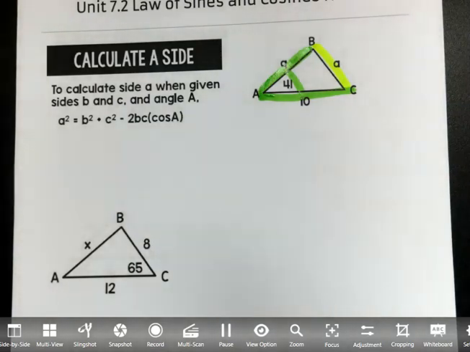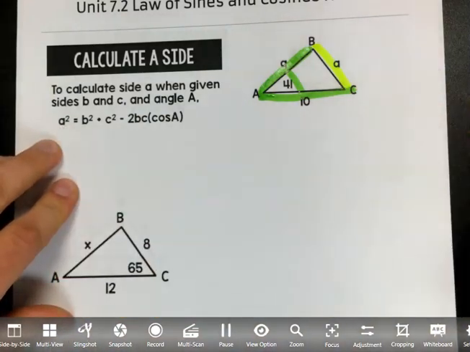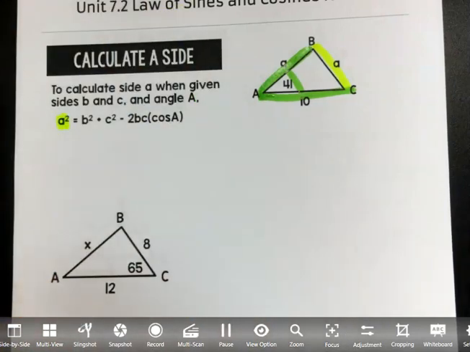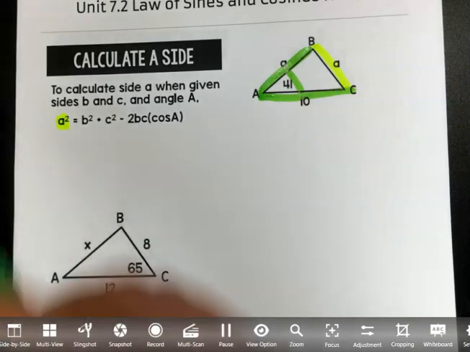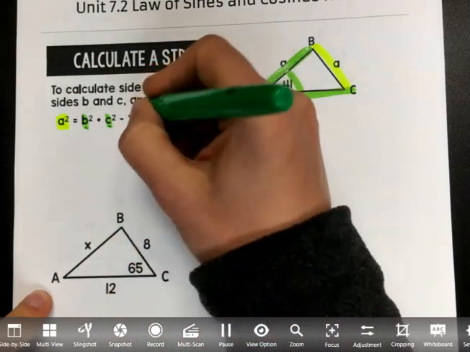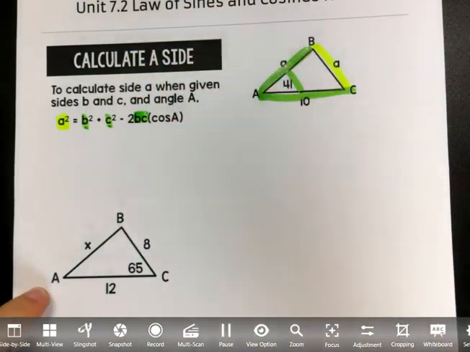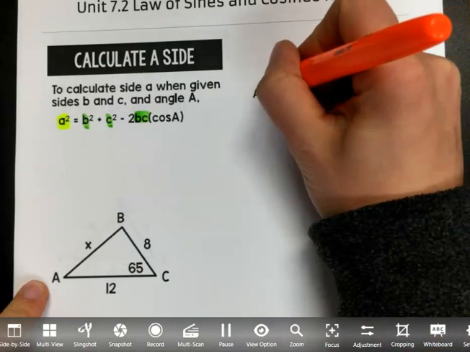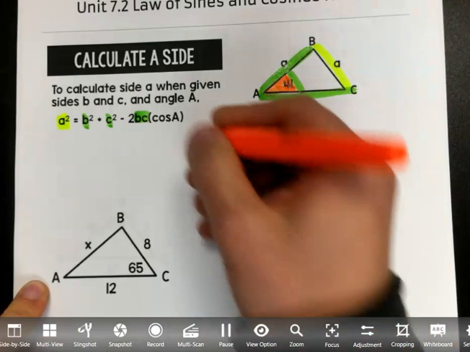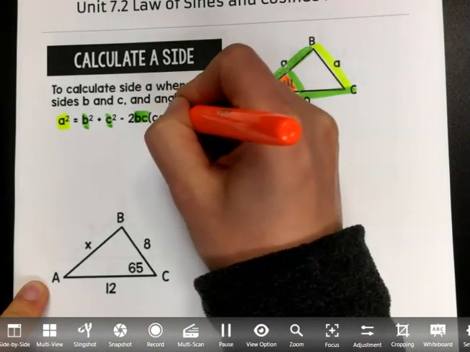And law of cosines says that our yellow side squared is equal to one of our green sides squared plus the other green side squared minus 2 times the two green sides multiplied times cosine of, I'm going to go ahead and show that the included angle is orange, so cosine of the included angle.